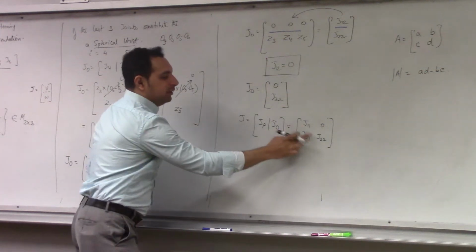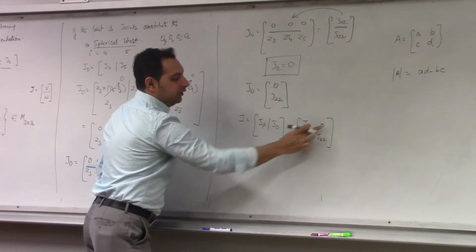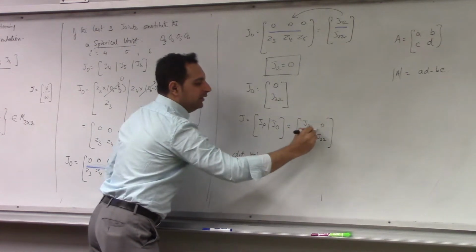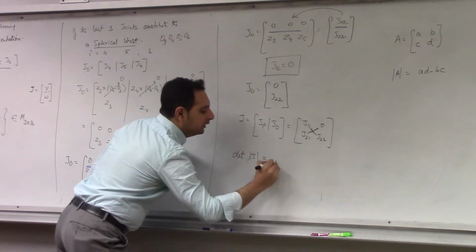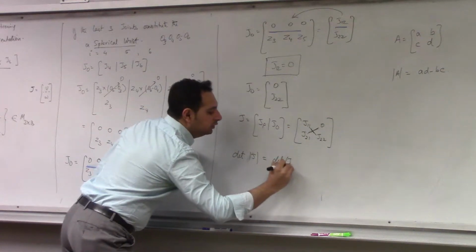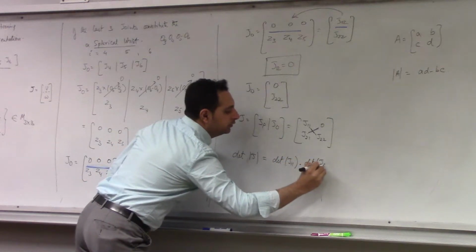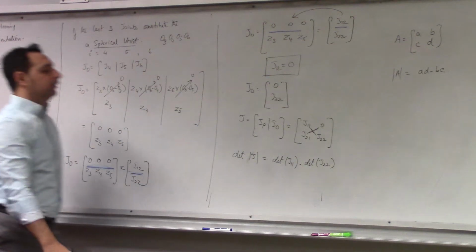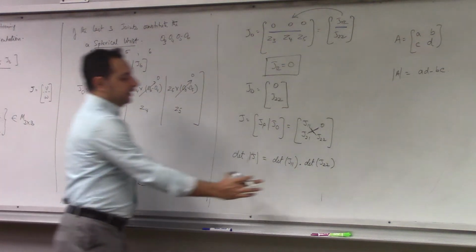So in this case, these are matrices. So AD, this is A, D, B is 0, and C is this. So when I multiply this and this, it will become 0. The only thing left will be the determinant of J11 times the determinant of J22. So when you multiply the two determinants, we can get this.